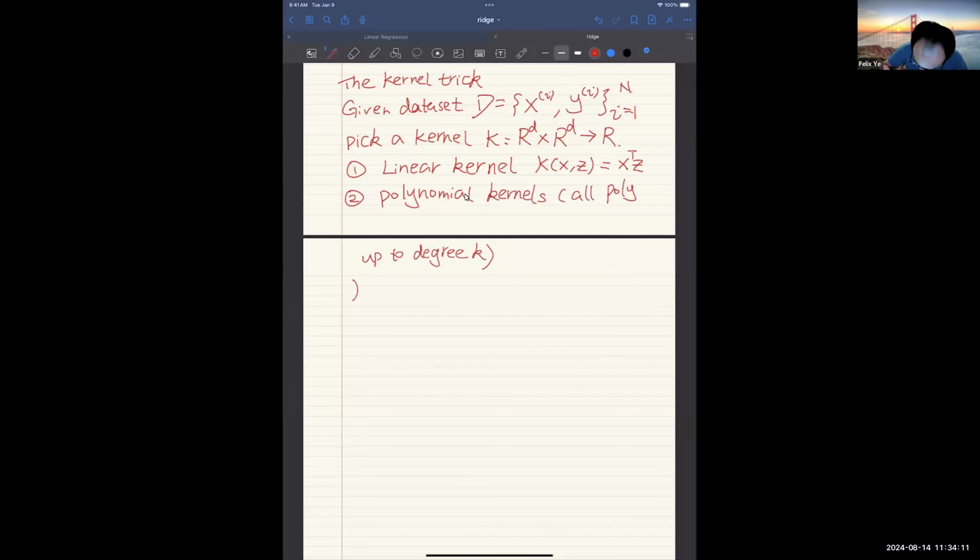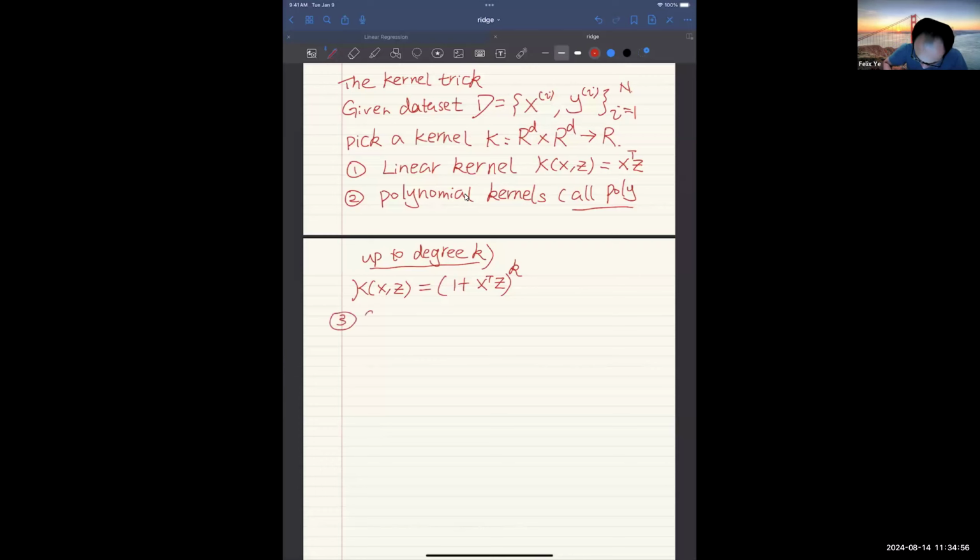So K(x, z) equals (1 + x transpose z) to the power k. I already showed you the situation when k equals 2, but this whole formula works with other degrees of k too. It includes all the polynomials up to degree k. So if k is 5, I'm going to consider degree 0, degree 1, degree 2, degree 3, degree 4, degree 5.